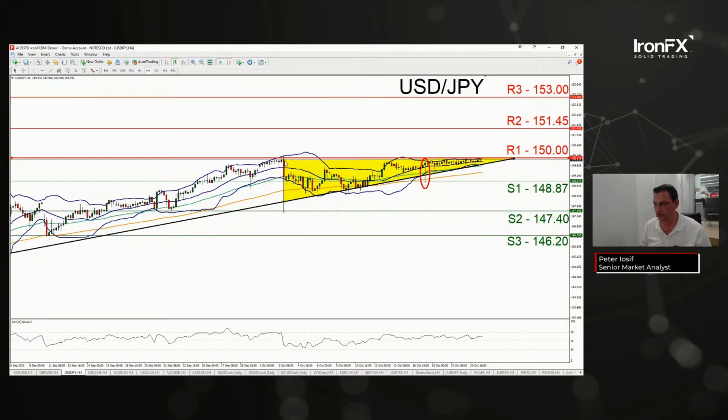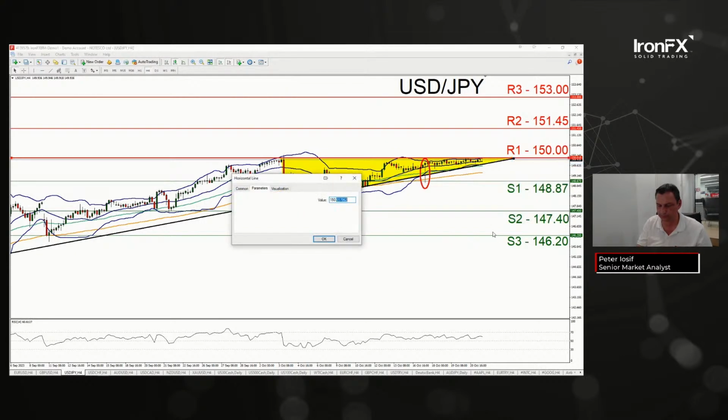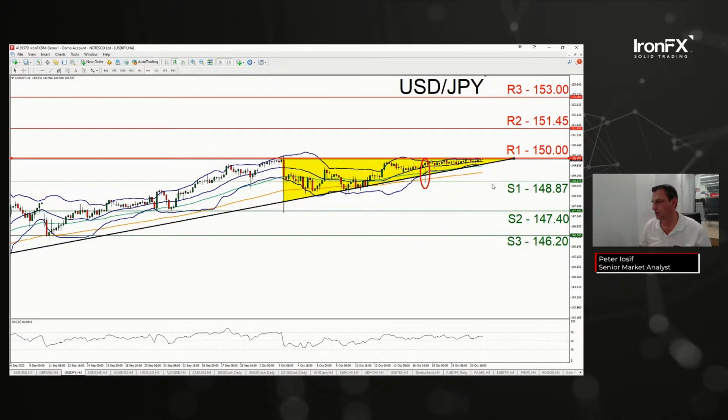Please note how practically the price action of USD/JPY is being compressed from the one hand from the upward trend line.